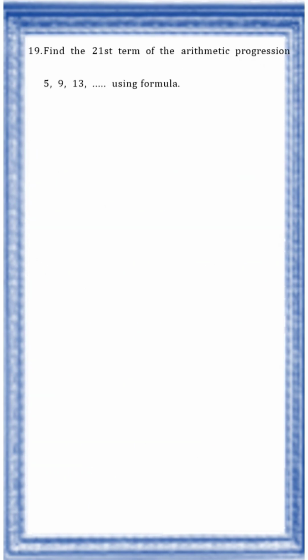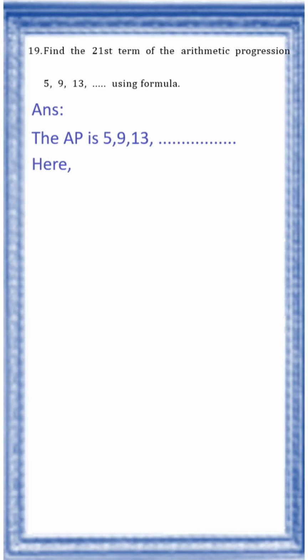Now let us solve the 19th question. Find the 21st term of the arithmetic progression 5, 9, 13 using the formula. The given AP is 5, 9, 13, and so on. We have to find the 21st term.